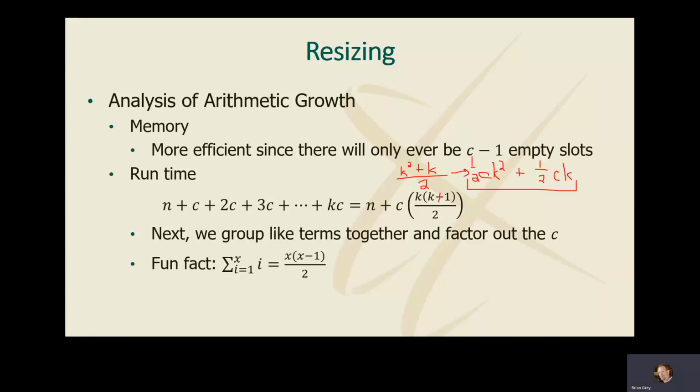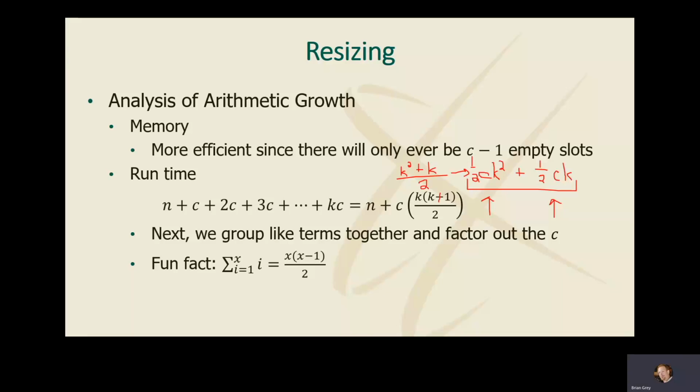So if we then plop that back into our equation, as n gets infinitely large, which of these two matter more? The CK squared or the CK? And do we care about the half, from a big O perspective?